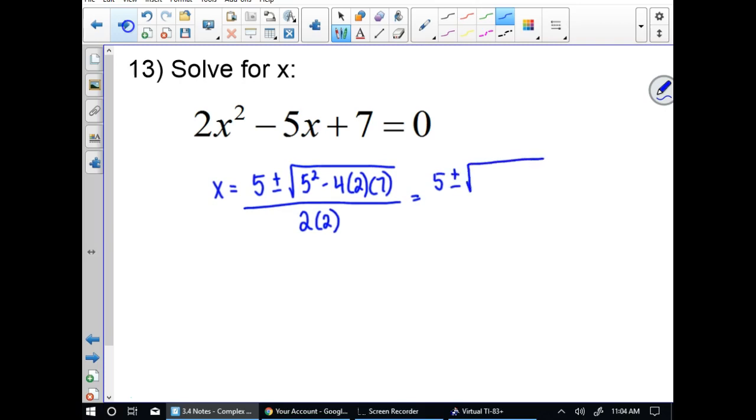Somebody tell me what we get under that square root. Negative 31. All over 4. And this one's not so bad because will 31 break down? 31's a prime number. Nothing will go into 31. So our answer here, we don't really have to break down anything except we don't want to leave that negative under the square root. We want to take that negative 1 and write it outside as i square root of 31 all over 4.